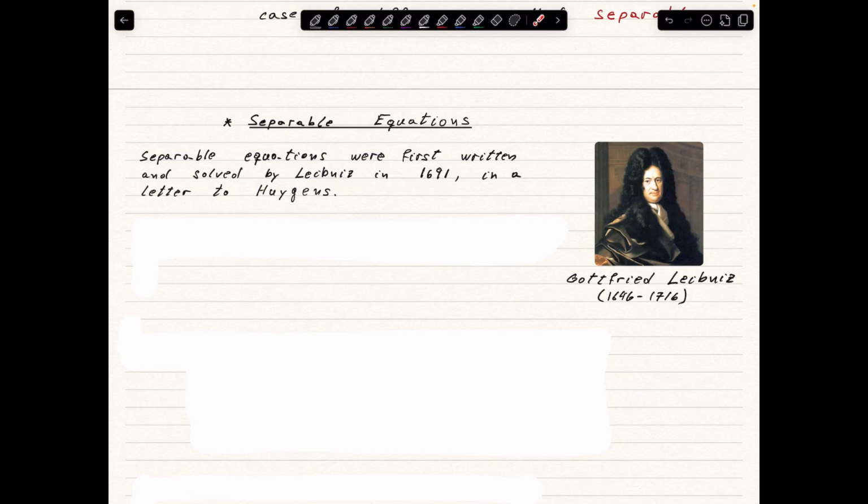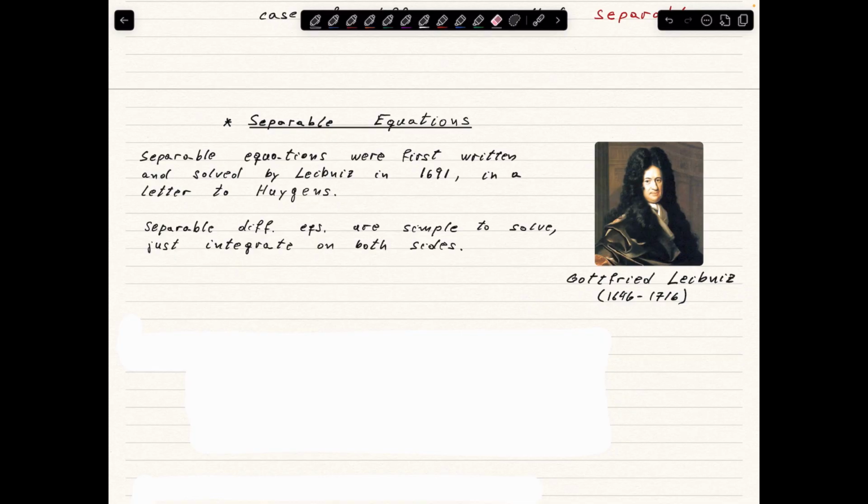We focus on these equations because they are maybe the simplest differential equations that we can solve. The only thing we need to do is integrate with respect to the independent variable on both sides of the equation.